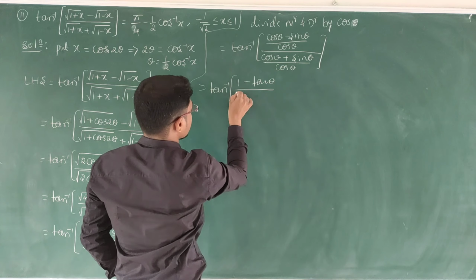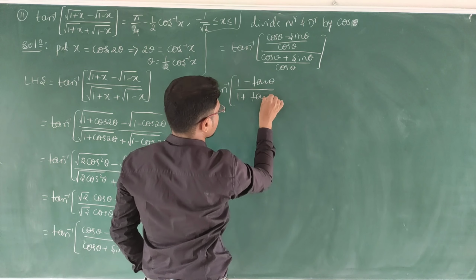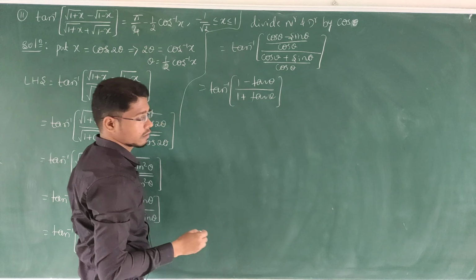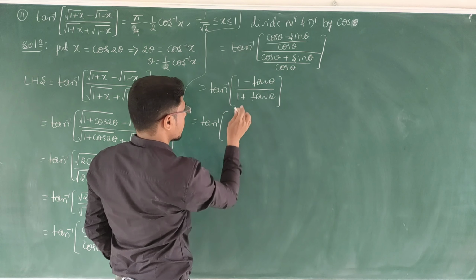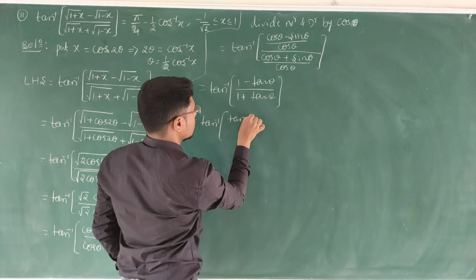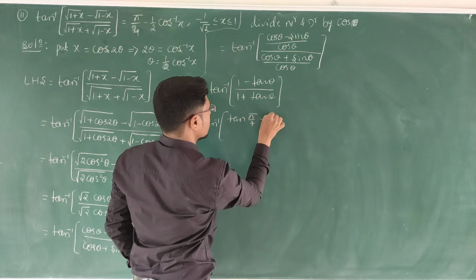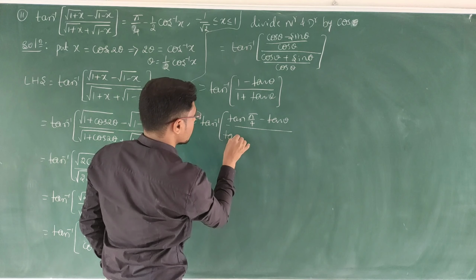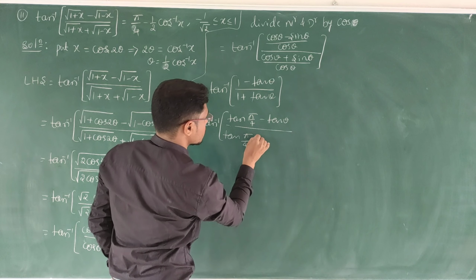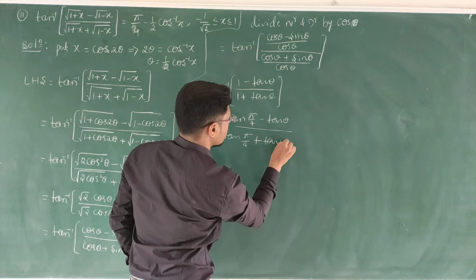I will write 1 as tan pi by 4, so this is tan pi by 4 minus tan theta upon tan pi by 4 plus tan theta.